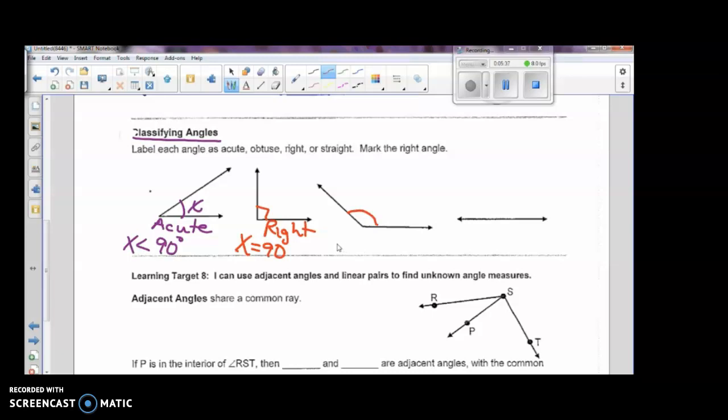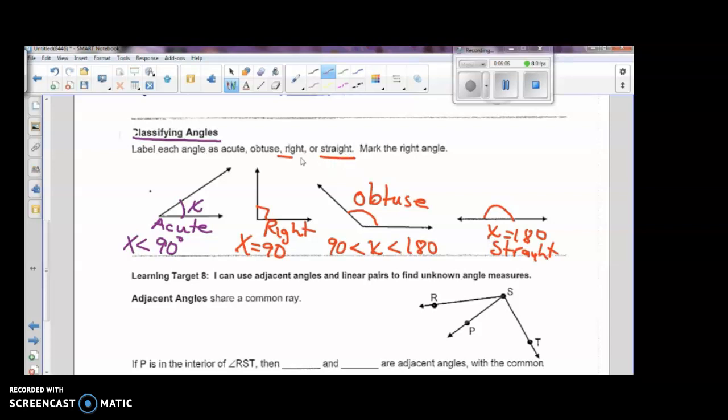Now, if an angle is greater than 90 degrees and less than 180, we call that an obtuse angle. And if x is exactly 180 degrees, then we call that a straight angle, also known as a line or opposite rays.